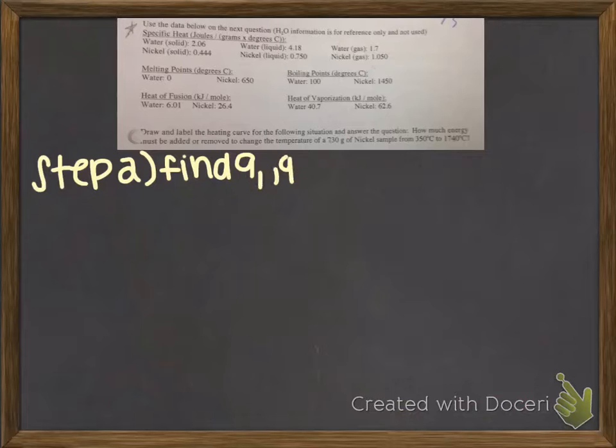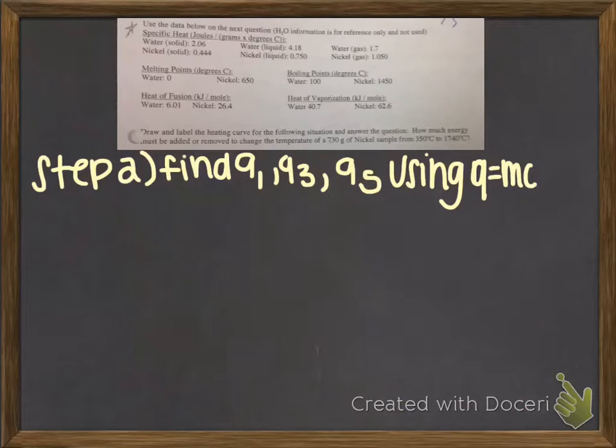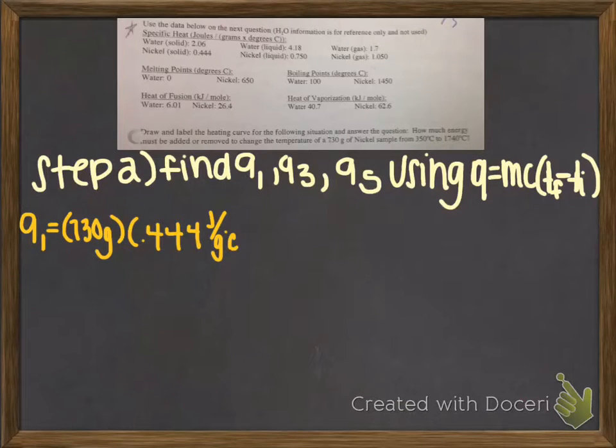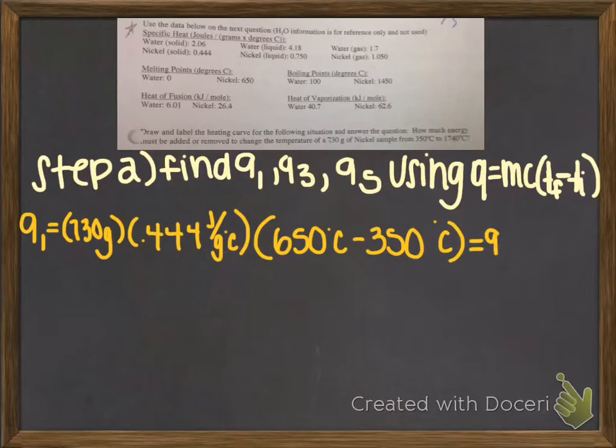So we're going to continue on to step 2, which is finding Q1, Q3, and Q5 using MC delta T. So we're just going to go straight into Q1, which is the same thing as the last problem. We are given the mass of the nickel, which is 730 grams. And we know that Q1 is in the solid state because it hasn't melted yet. So we're going to look at the specific heat for nickel as a solid, which is 0.444.